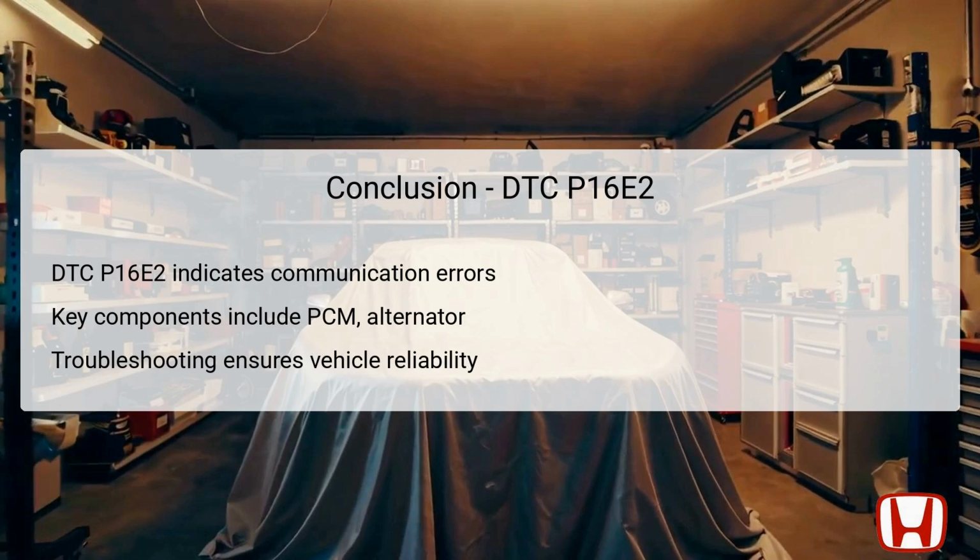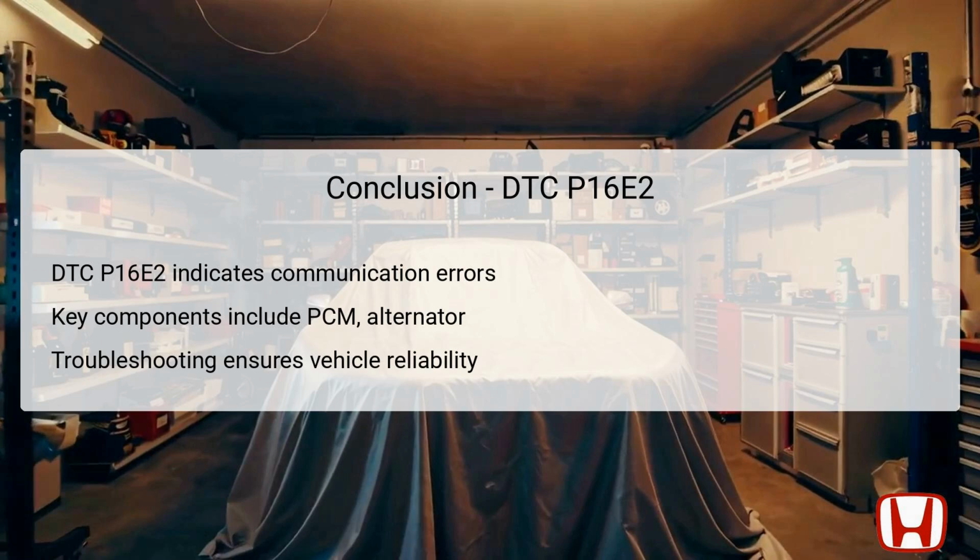In conclusion, the DTC P16E2 indicates a communication error between the PCM and the alternator, which needs prompt attention to prevent electrical system failures. Understanding the role of key components, including the PCM and alternator, is essential for effective troubleshooting.